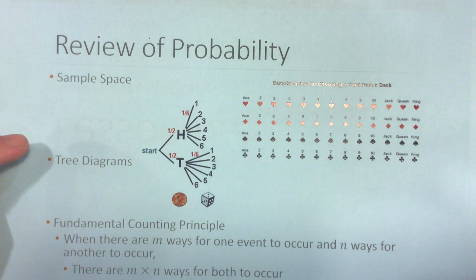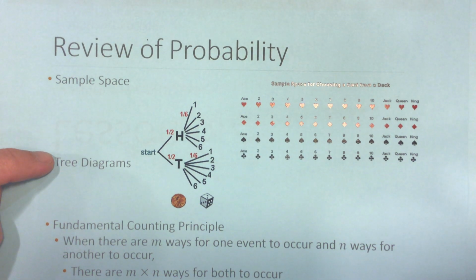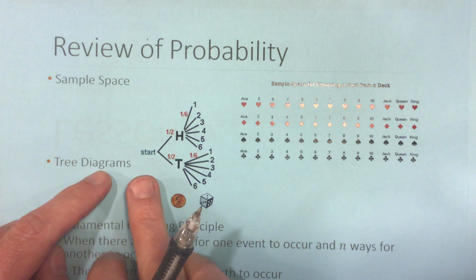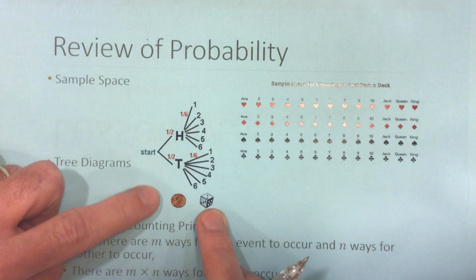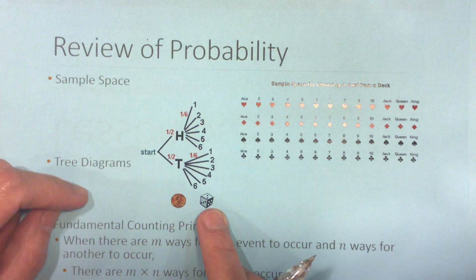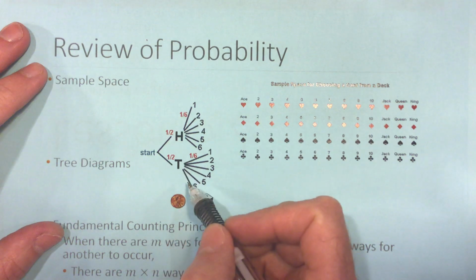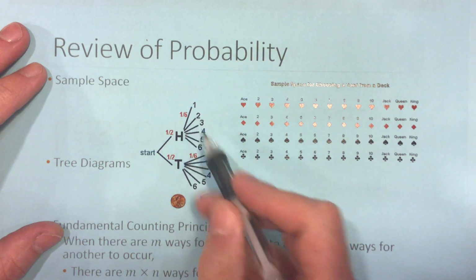Okay, now, once you start having multiple events, creating a tree diagram can be very useful. Realize the tree diagram can also be a replacement of a sample space. So for example, here, flipping a coin and rolling a standard die. I can go the coin heads or tails, and then once that occurs, I have my die 1 through 6, 1 through 6.